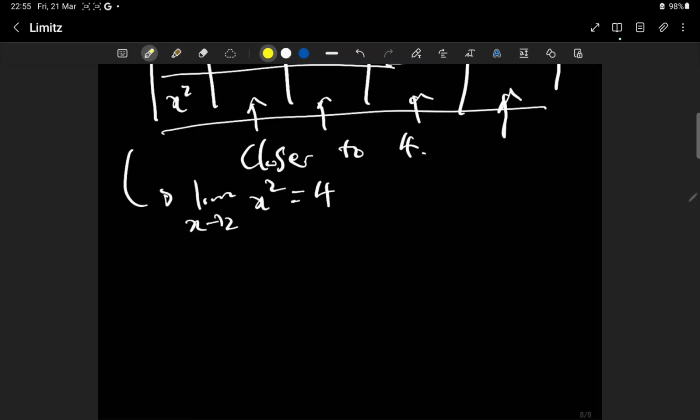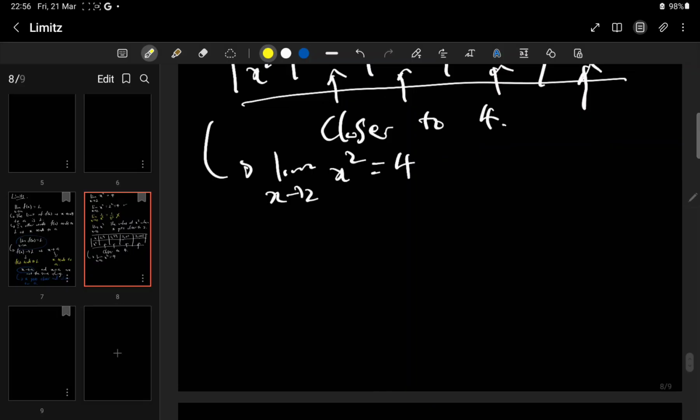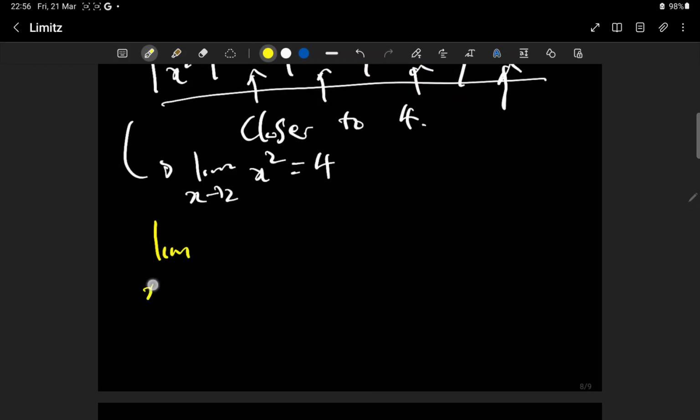In the same token, for the other example, the limit as x tends to 0 of 1 over x squared, another student can look at this and say that the limit is undefined. Why? Because when you substitute x to be 0 here, you get 1 over 0 squared, which is 1 over 0, and we know that when you divide by 0, it's undefined.